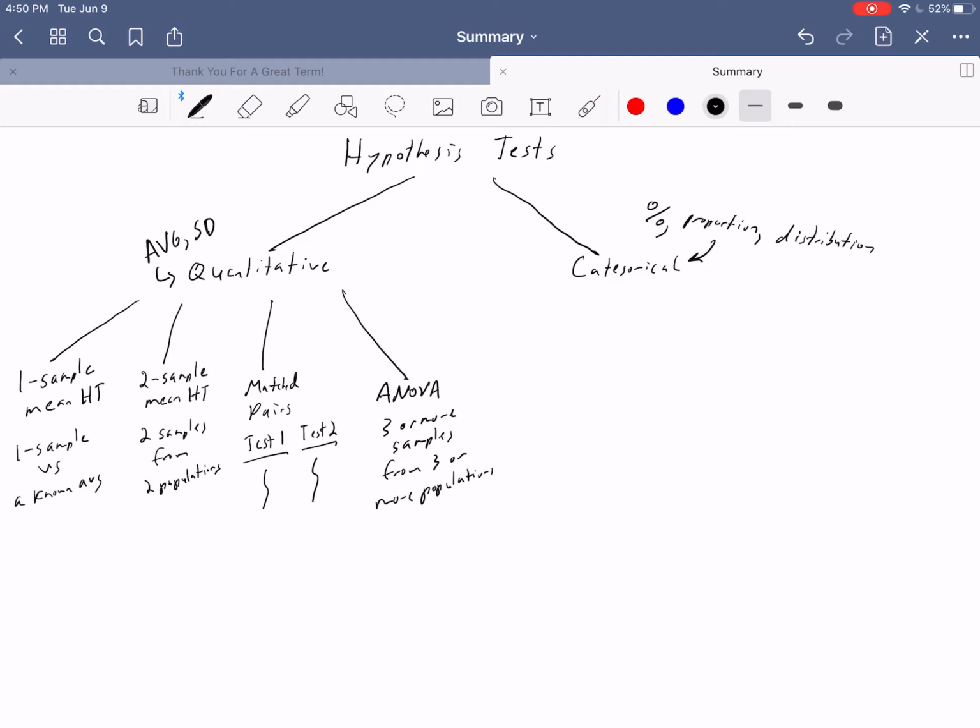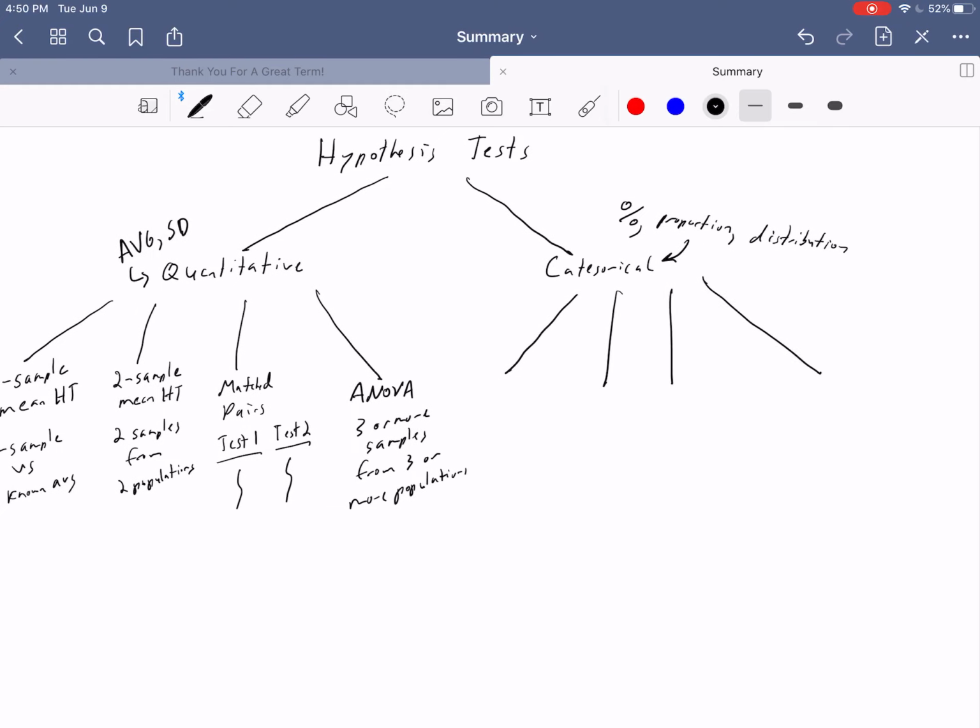All right, let's turn our attention now to the categorical side of things. Again, remember keywords for categorical are things that mention percentage, proportion, or distribution. So for categorical, you also learned 4 different hypothesis tests. So let's talk about what those were. Well, we started with what we called the one sample proportion hypothesis test.